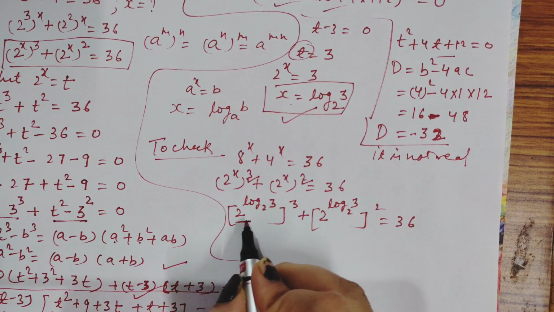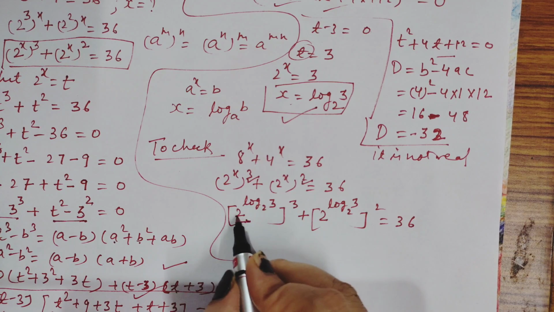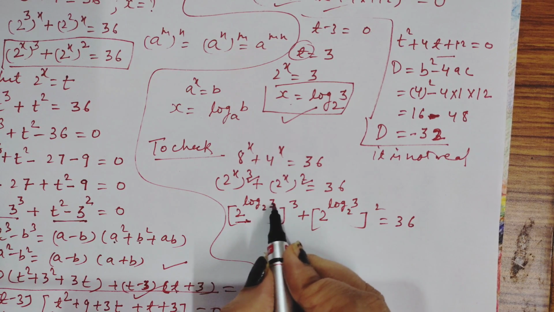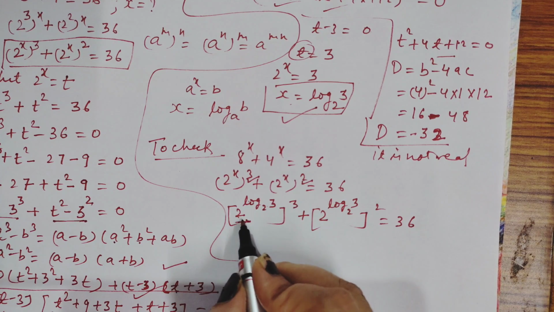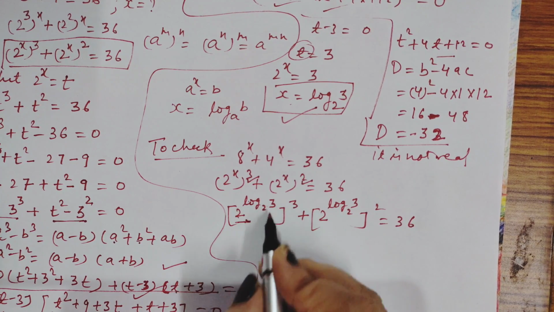According to the log rule, if 2 power log 2 3, where the base is equal to this number, the answer is always 3.